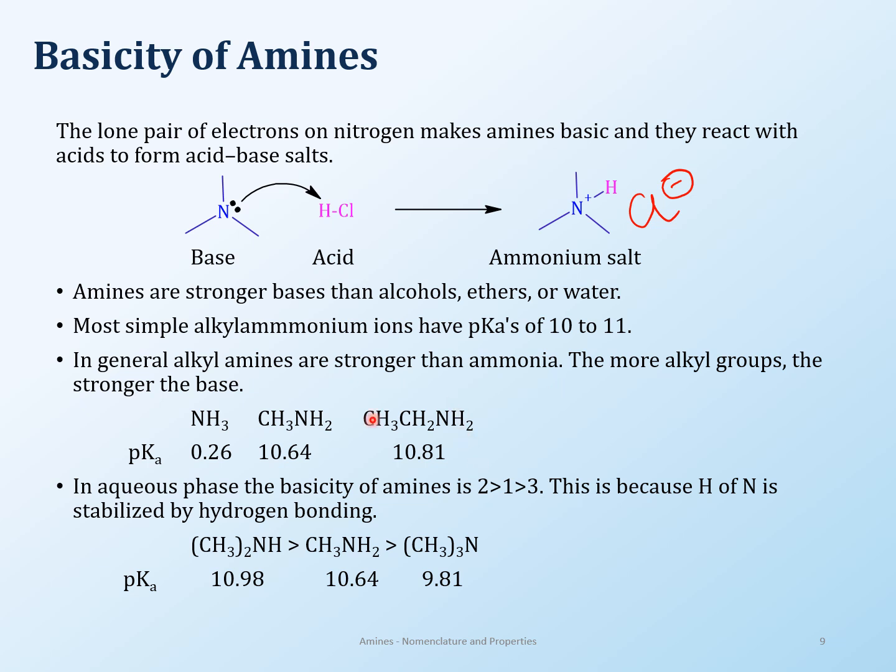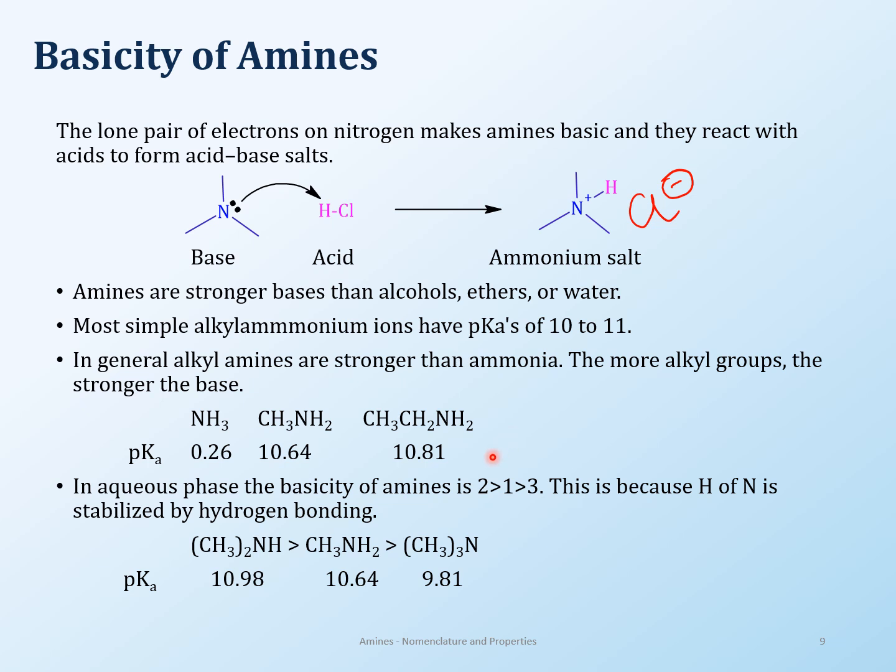Here you can see how the basicity increases when you have alkyl groups on it. Remember the pKa, if it increases, then it's a stronger base. If it's a lower pKa, it's a stronger acid. The more alkyl groups you push, the more electrons you push into the nitrogen through inductive effect.